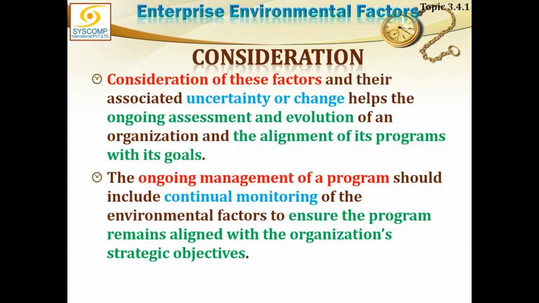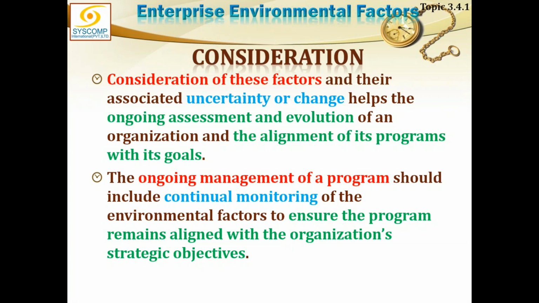The ongoing management of a program should include continual monitoring of the environmental factors. Keep an eye on the environmental factors, as if anything is changing, you should immediately be able to realign yourself, or at least you must know that your strategy is going out of line, or you are going out of line for that matter, to ensure the program remains aligned with the organizational strategic objectives, right?